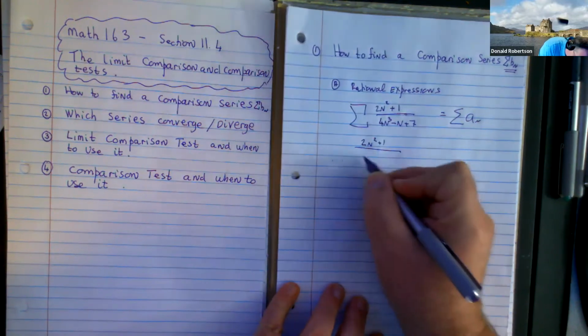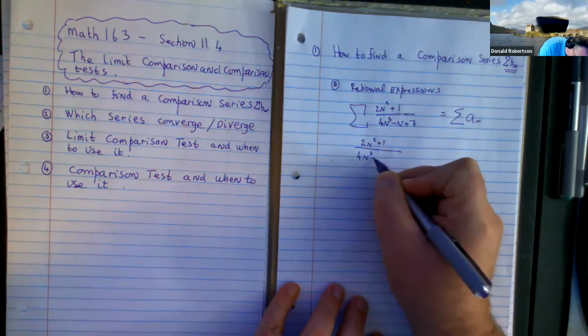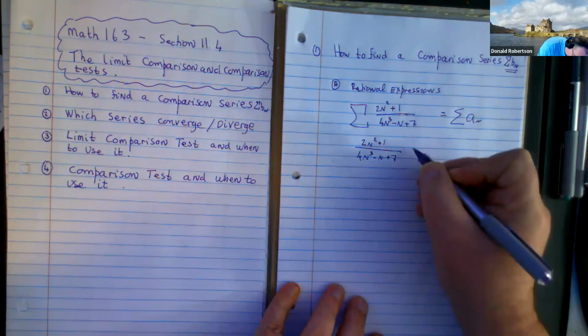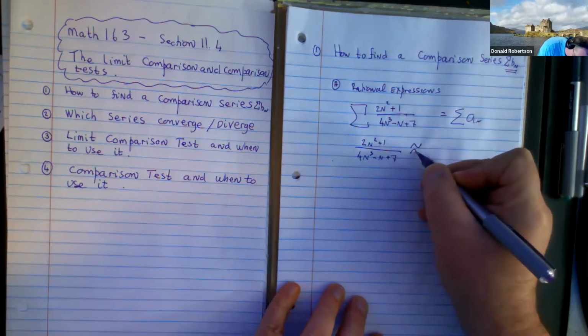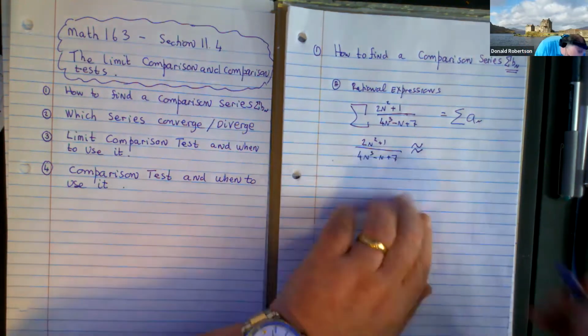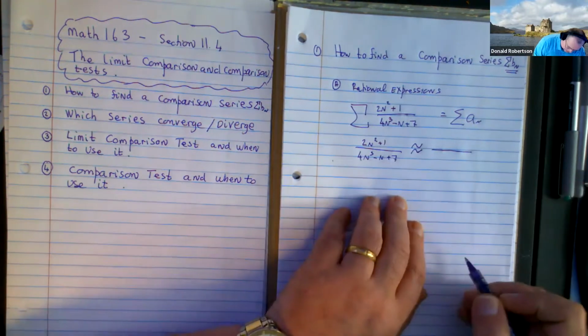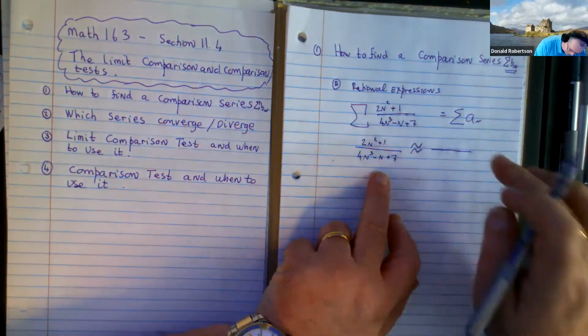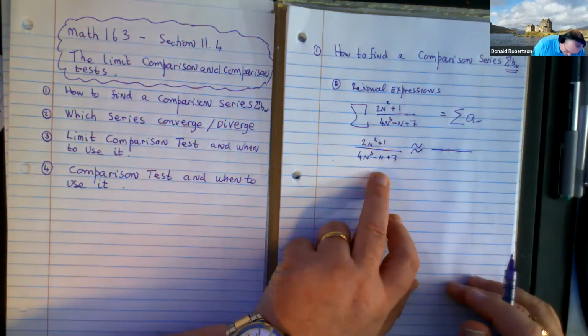I call this method surgery. Just a made up name, it's my name. And you put in funny little wobbly equals lines, just like the approximately-equal symbol. That symbol means, depending on how you want to phrase it, approximately equal to, or behaves the same as, or equivalent to. So I'm going to take this and simplify it, and the new one is going to be my comparison series.